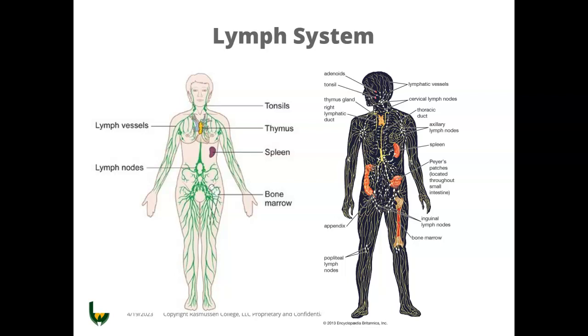The first is maintaining fluid balance of the body by draining interstitial fluid from the tissue spaces and returning it to the blood. The second is transporting lipids or fats away from the digestive organs for the use of the body. And the third is to filter and remove unwanted infectious products from the lymph nodes.